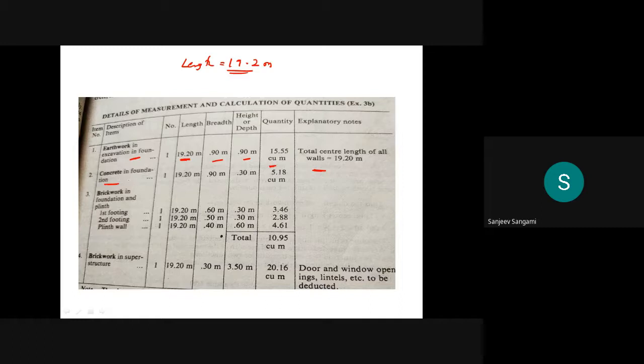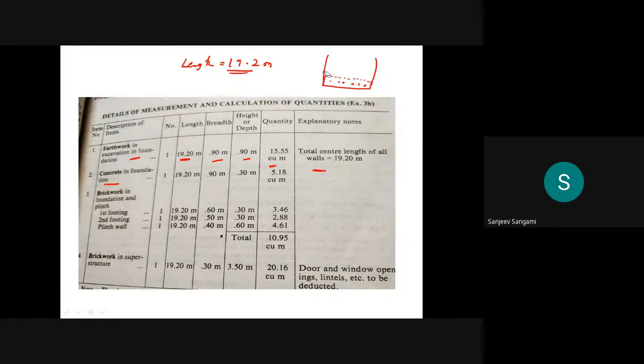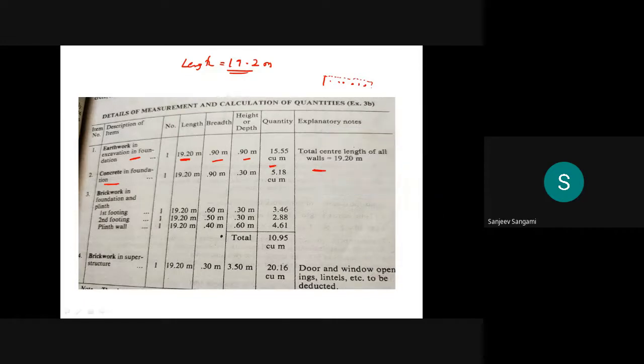Next, whenever you are calculating the foundation, this is the typical structure. You can see in that, I'll write the dotted line, whichever the foundation is there. So it is like this structure.